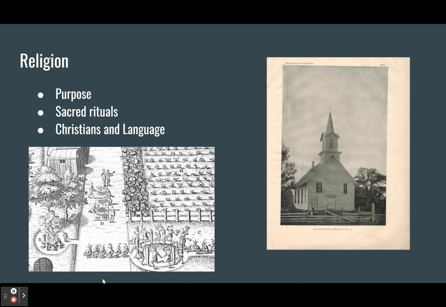While they don't always convert people, the picture on the right, for example, is a picture of a Cherokee church from 1890. So some of these people do convert, and some of these people do become their version of Christians. But really, what Christianity accomplishes is the preservation of language.